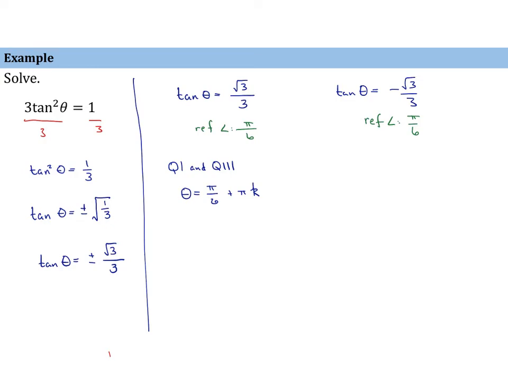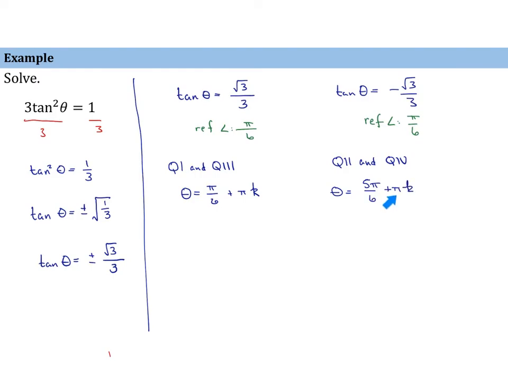If we look now at tangent of theta equals negative root 3 over 3, that would be in quadrants 2 and quadrant 4. So what would the second quadrant angle be? Our second quadrant angle would be 5 pi over 6, and then we can add pi k.